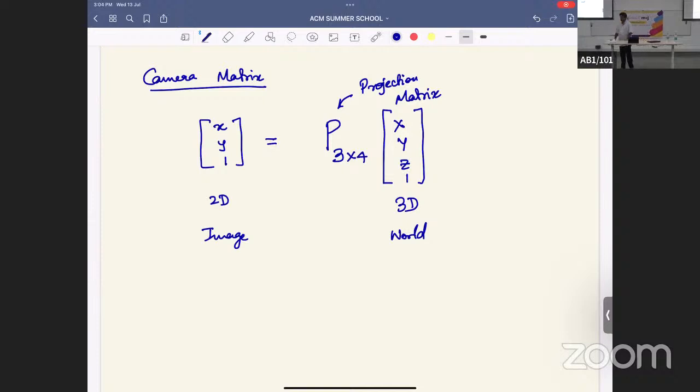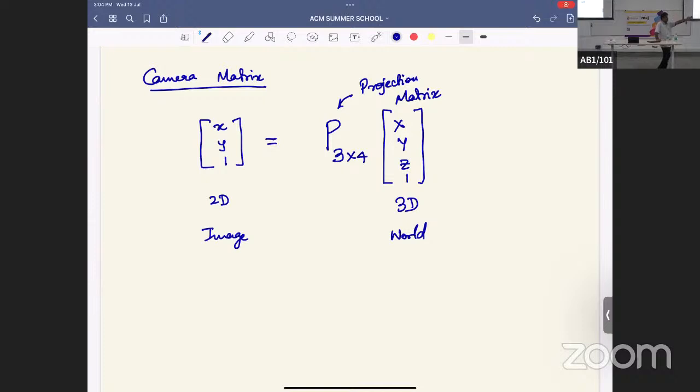Let's not worry about the derivation. One setting is the typical case of CCTV cameras, which can pan, tilt, and zoom.